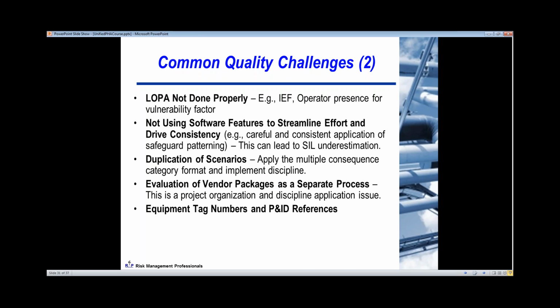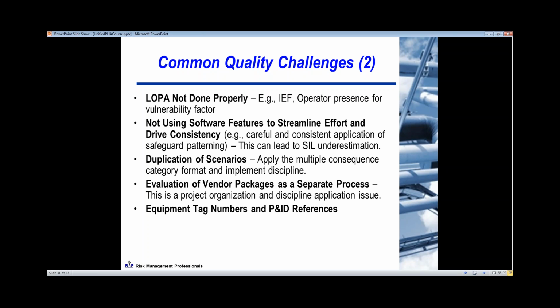It's really tempting for some old school facilitators or some teams, when you're talking about consequences in one area, to start identifying causal events in another area. Having a disciplined approach so you're only identifying causal events in the node that you're looking at, and really carrying it through to all the different types of consequences, makes sure the scenario development is complete.